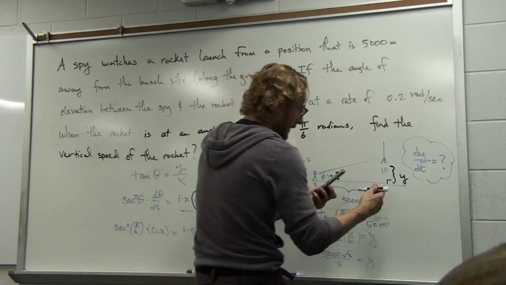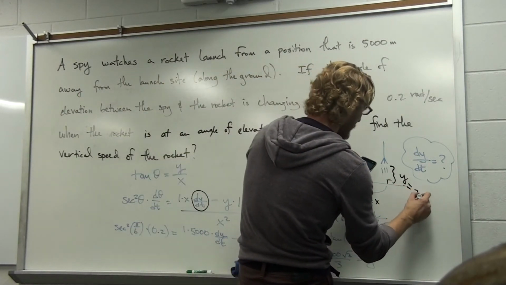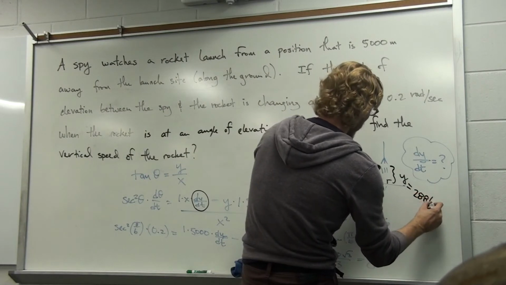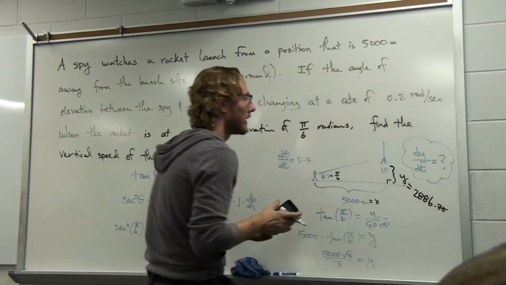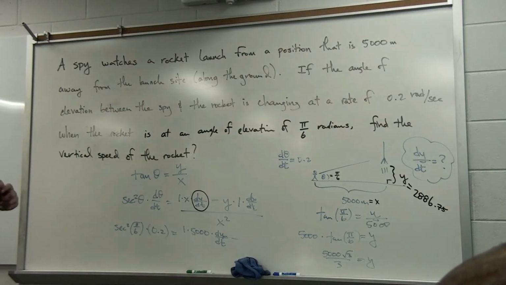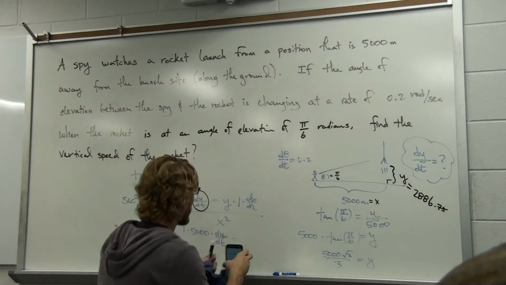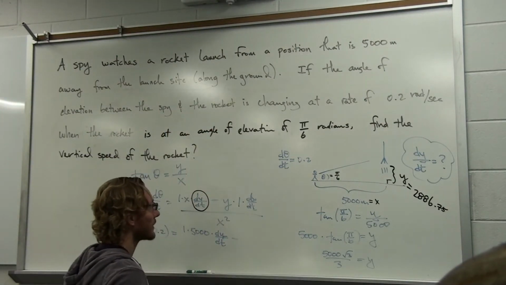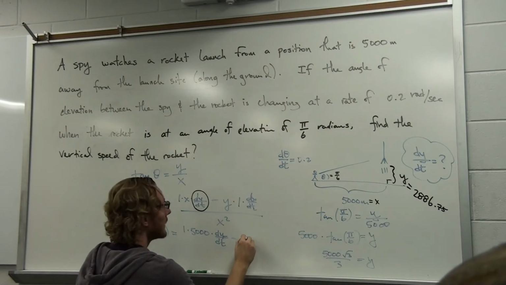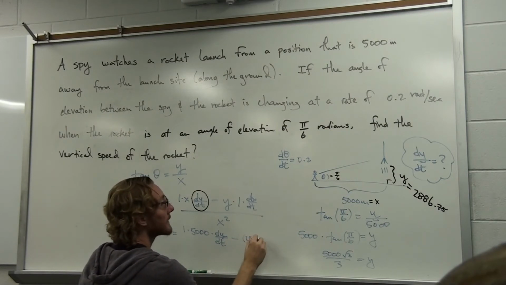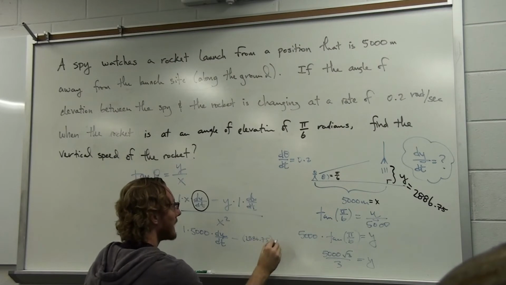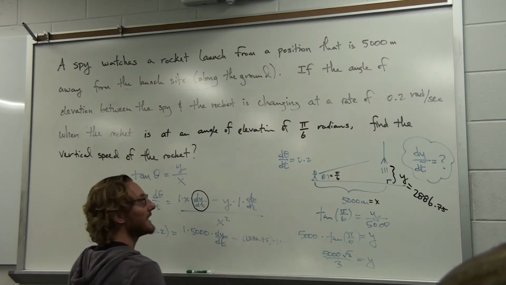That's approximate, but so be it. But we know our y is 2,886.75. Sweet. Okay, we're going to plug that in, because now that's one less variable in our expression. We've got y, 2,886.75 times the 1 times the dx over dt.